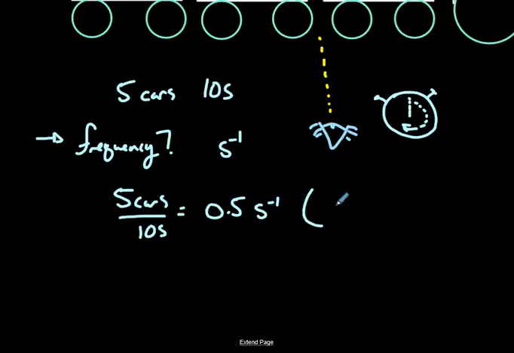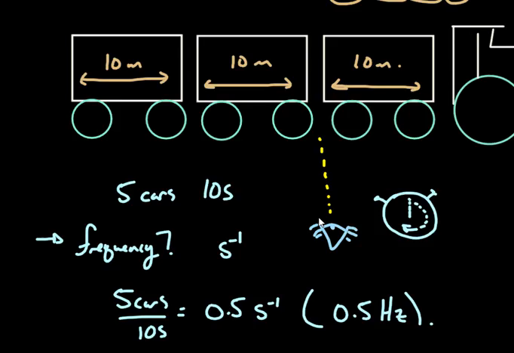I guess what we're saying is we have a half hertz frequency for the train. 5 cars every 10 seconds means half a car every second. Do we all agree with that? Sweet deal.